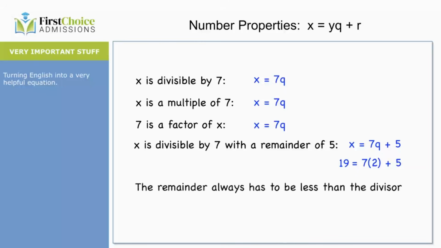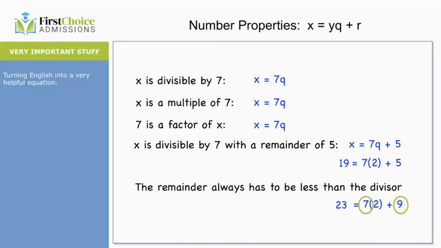One more thing about these remainders, the relationship between the remainder and the divisor. Remember, the remainder always has to be less than the divisor. So x equals 7 times 2 plus 9. The divisor is 7. Well, that's a little weird because that would mean that x is 23, and we've just said we're going to divide 7 into 23 2 times.